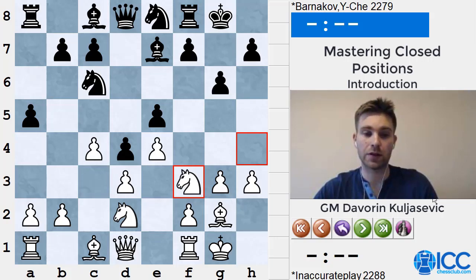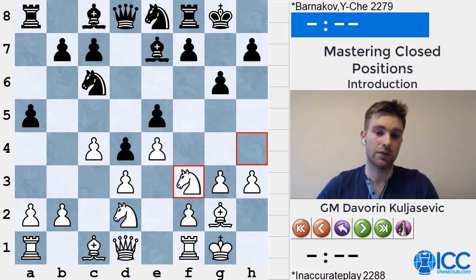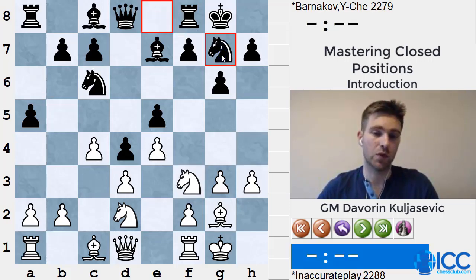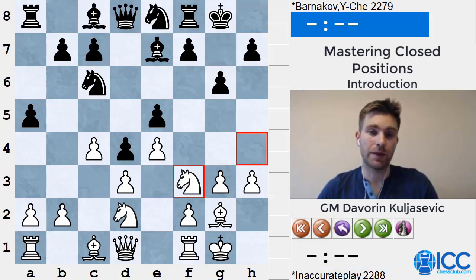How can the knight reach the c5 square? Well, we can play knight g7, for example. This is an interesting idea. I'm not sure if it's the best move, but it definitely makes some sense to go there, knight e6, knight c5, even though it's a bit time consuming as well. My preference here would be bishop e6, queen d7, and then I might be ready to push f5 anyway.